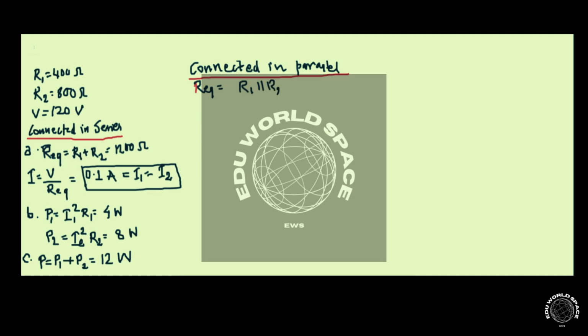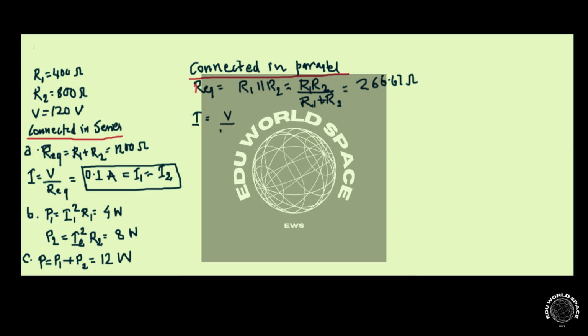That means this is equal to R1 R2 upon R1 plus R2. Now what is R1 R2? 400 times 800, 4 8s are 32, 320,000 upon 1200. This is equal to 266.67 ohms.